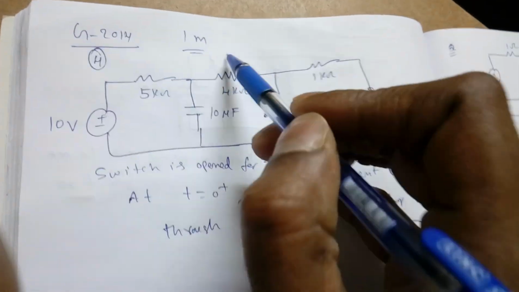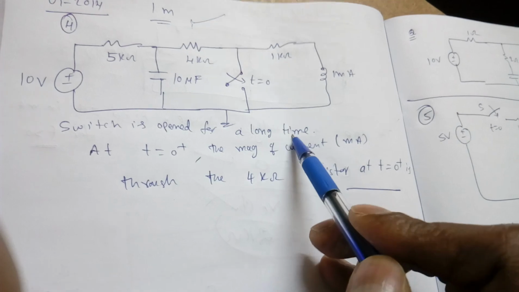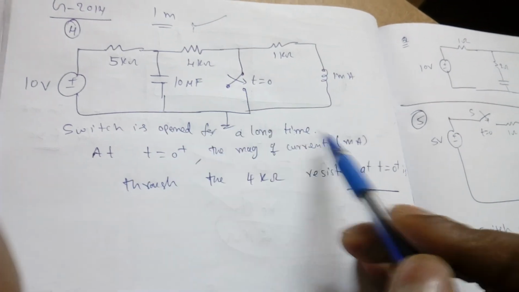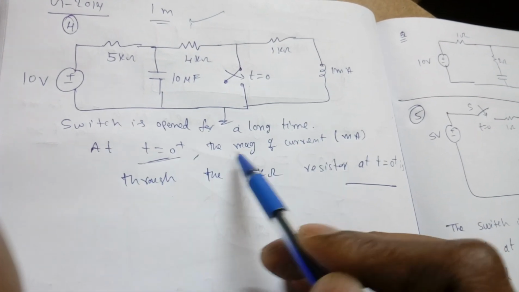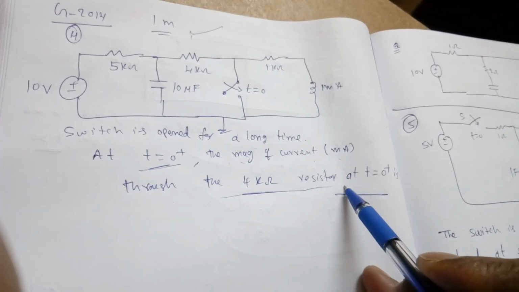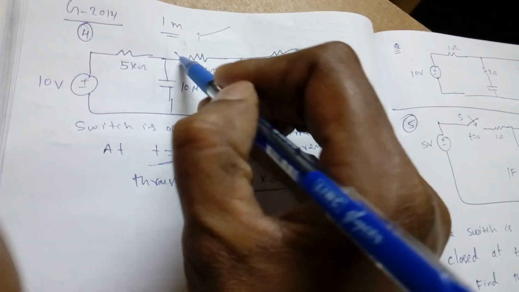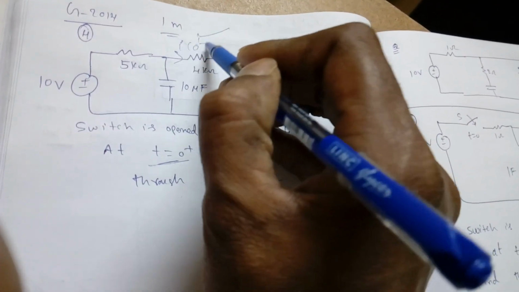And the next one is GATE 2014, again for 1 mark. He mentioned the switch is open for a long time, that means this is open. At t equal to 0 plus, find the magnitude of current in milliamperes through the 4 kilo ohm resistor. We have to find the current across this at 0 plus.